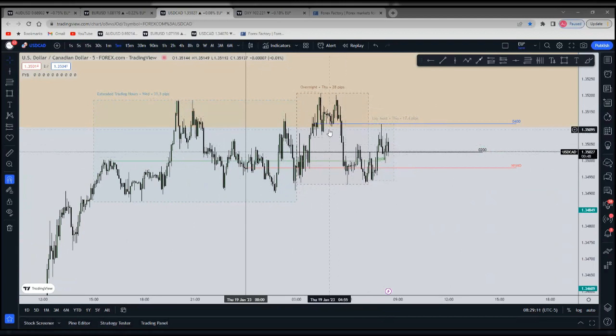So we have our confirmation in the sense that price created this order block. These two up candles together become one order block. So this would be the order block right here.